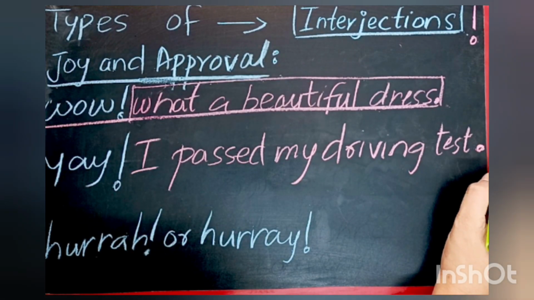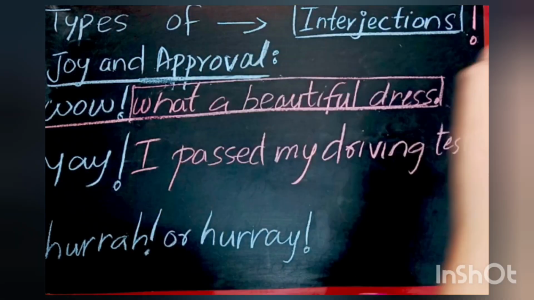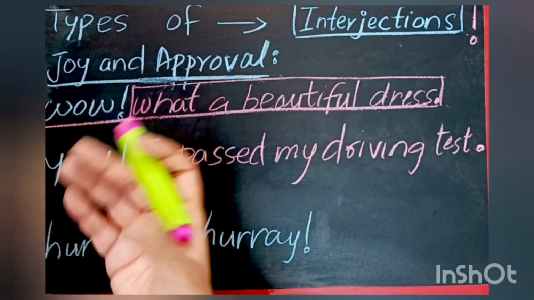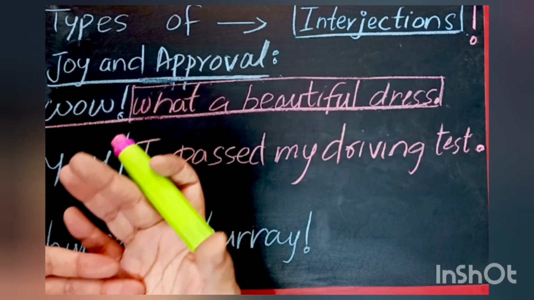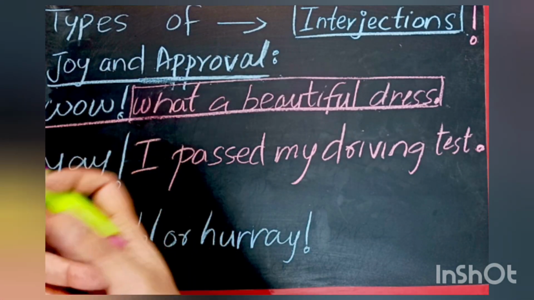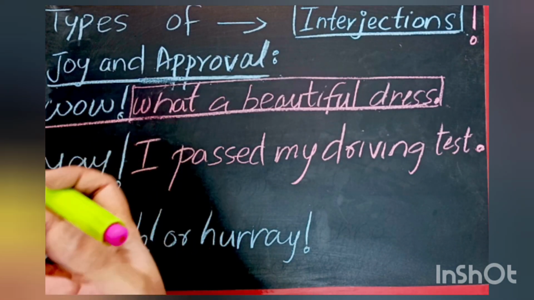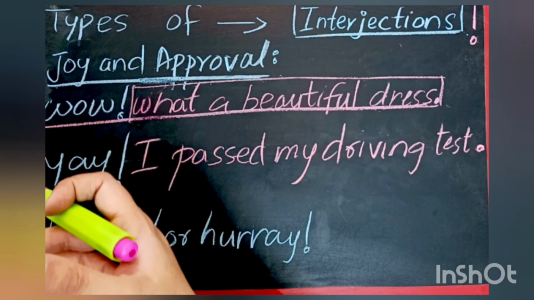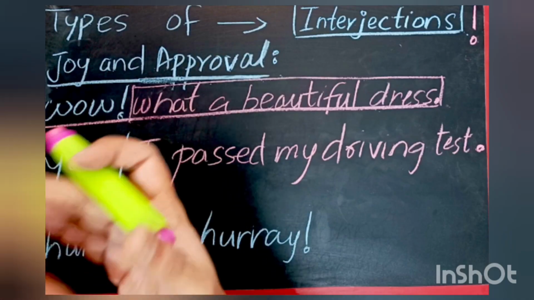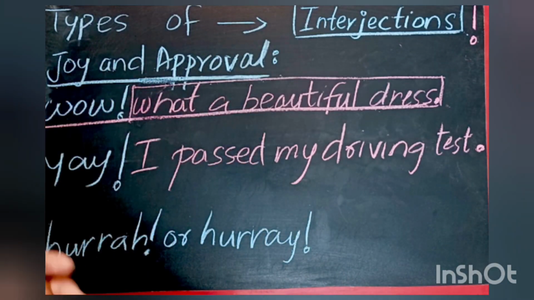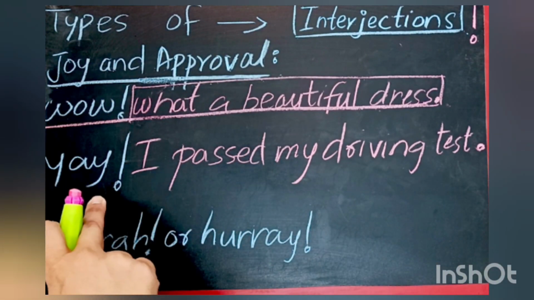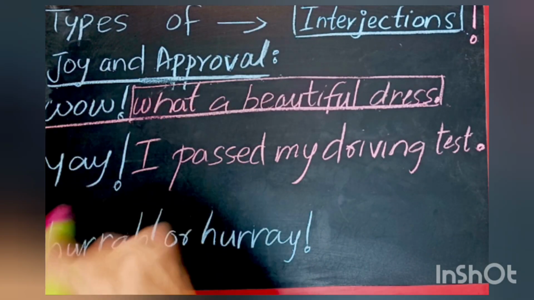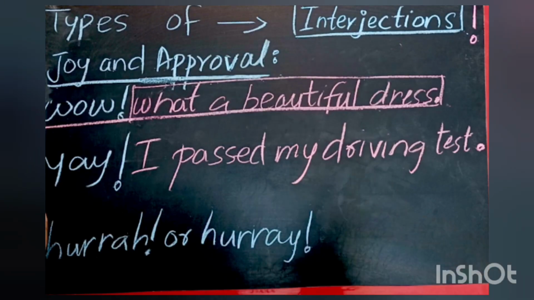The exclamation mark is also a punctuation, and we use it to show sudden or strong emotion towards an unexpected situation we face at that moment. So yay, I'm showing the emotions also. Yay, I have passed my driving test.